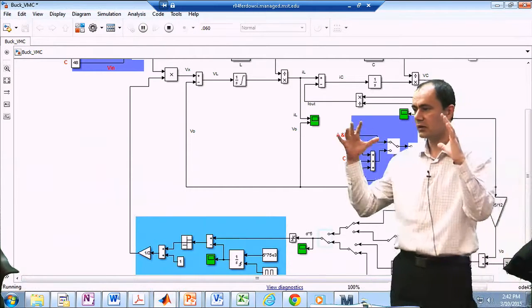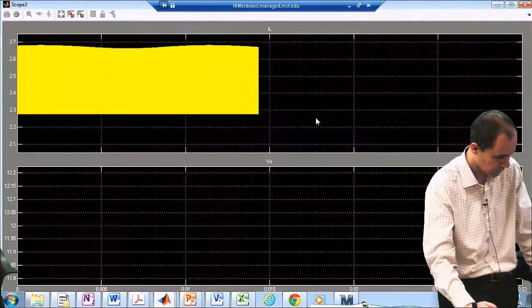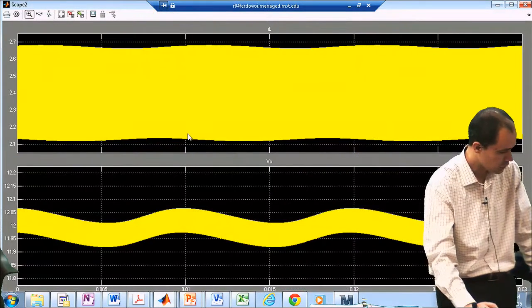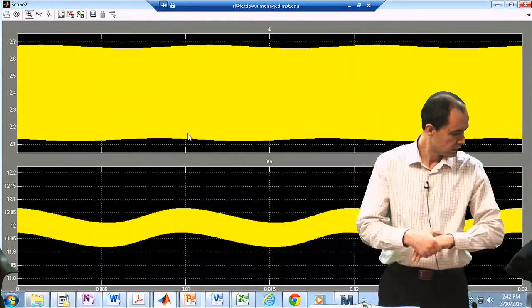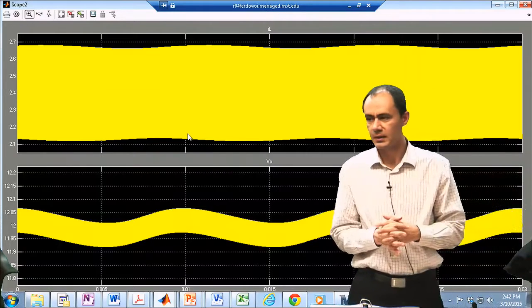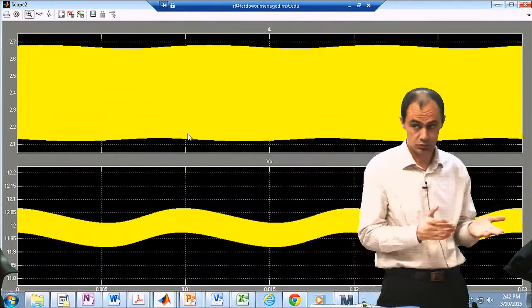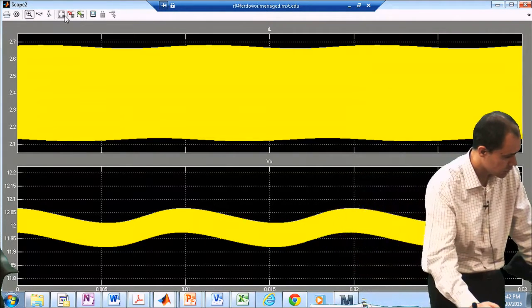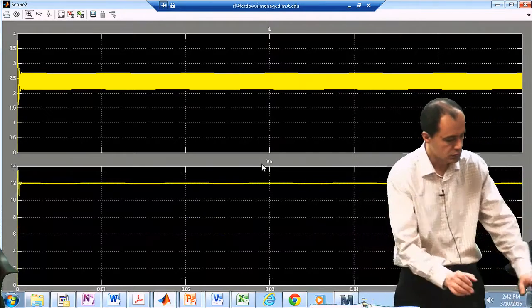I'm using that very long transfer function as my compensation network. And now you can see you still have that ripple, but it's much smaller. It's only like 50 millivolts up and down, almost as small as your switching frequency ripple. So we did a good job. If you just zoom out, it's almost a flat line. Okay, so your compensation is doing a good job.